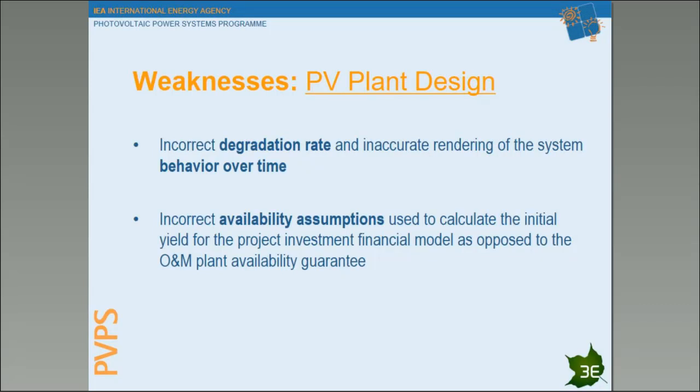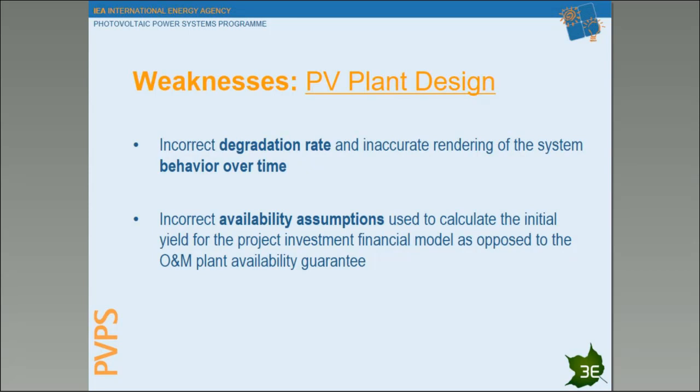Continuing in the PV plant design phase, we also saw two main weaknesses, one related to the degradation rate assumption, especially the rendering of the system behavior over time. This is today starting to be a topic that is discussed more and more, but there are still some weaknesses in how this is taken.